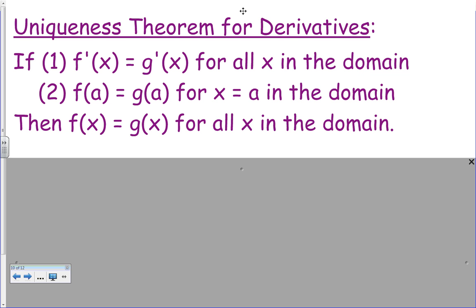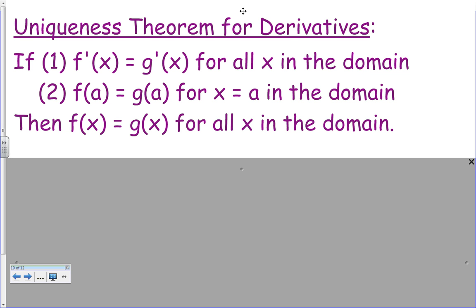It says if, and it has two conditions here. The first condition is that f prime of x is equal to g prime of x for all x in the domain. So you have two functions here, function f and function g, and the derivative of each function is the same for all values of x in the domain.